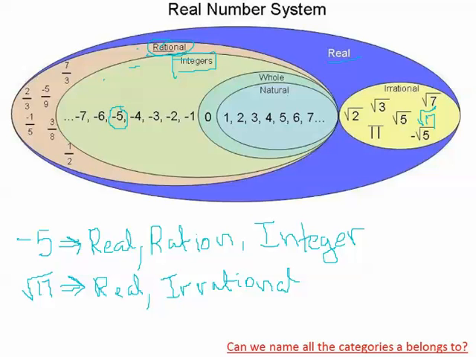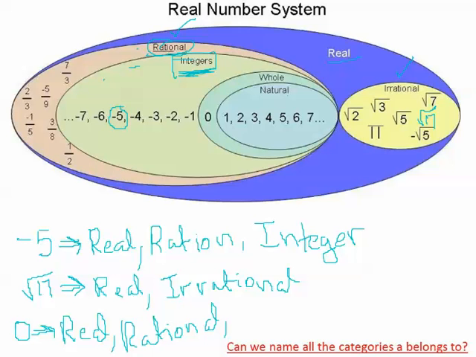Let's try one more. Let's do the number 0 because it's one that seems to muck you up a bit. The number 0. And notice again, I always start on the outside, the biggest category. It's real. All numbers are real. Then I start working in by deciding, is it rational or irrational? As I check off the opposite ones I say, sorry. Well, 0 is rational, isn't it? Makes a lot of sense. It is not irrational.